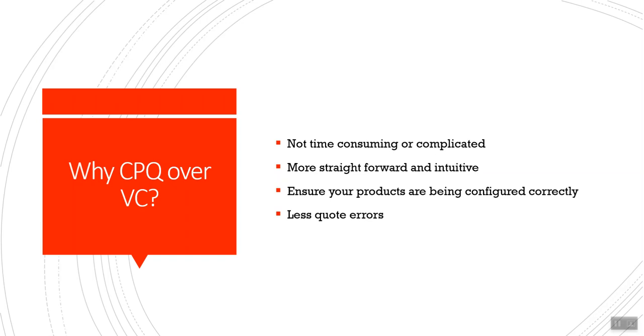The configuration rules and attribute dependencies within SAP CPQ are more straightforward and intuitive. The last thing you or your consumer want is to waste time on an issue that could have been prevented. Defining these rules in SAP CPQ is a great way to ensure that your products are being configured correctly to prevent any errors. So going forward, let me demonstrate the configuration of a laptop as an example.